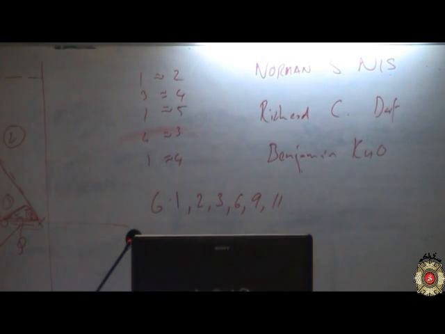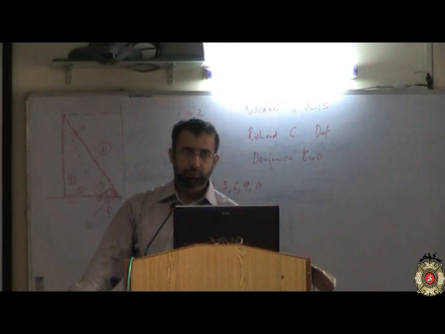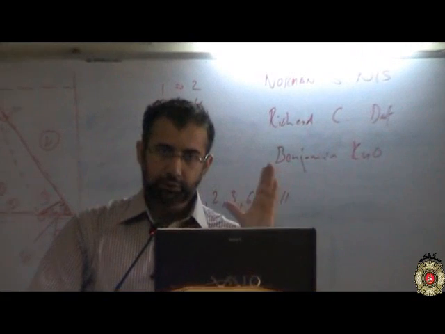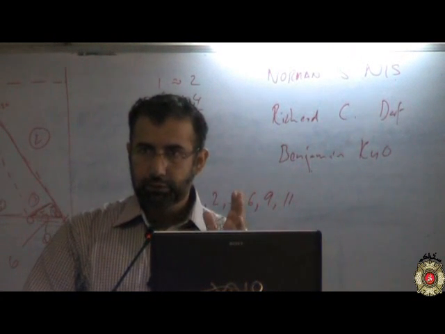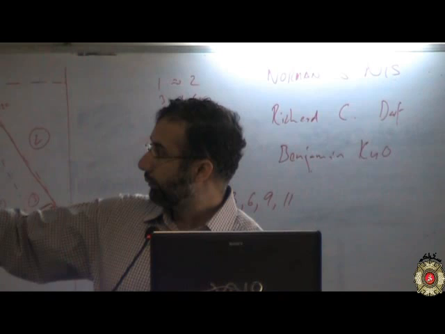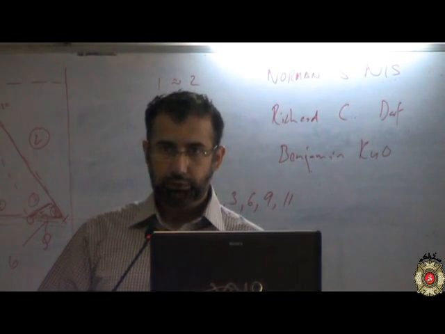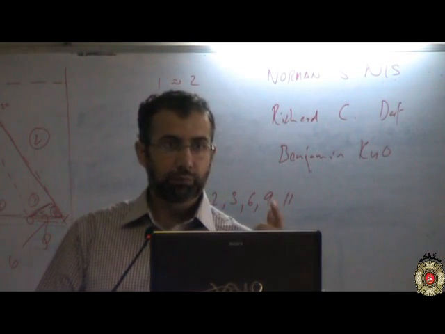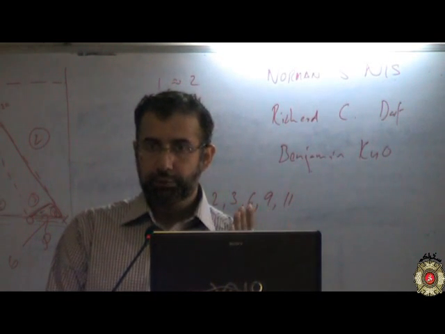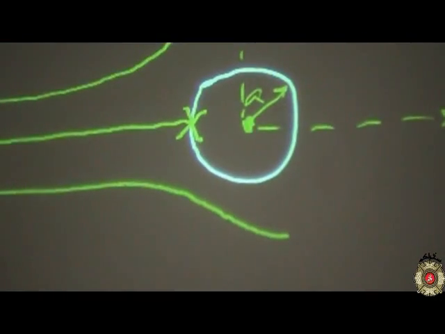So 1 minus 1 over 27. 1 over 27 is really a small number, so 1 minus 0.04 is about 0.96 V naught. So that means that even before it has reached the cylinder, it has started to slow down.